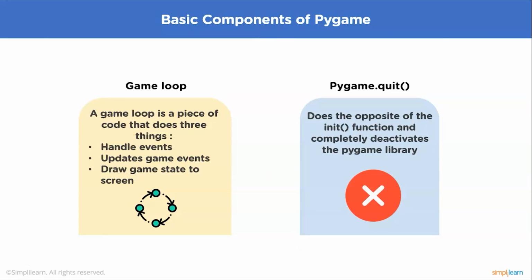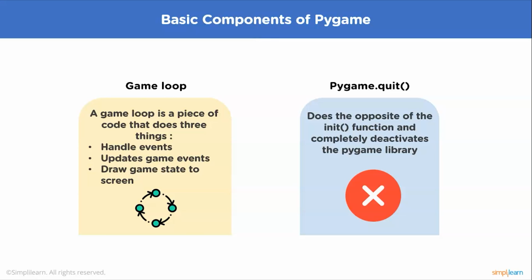The pygame.quit function does the opposite of the init function and completely deactivates the pygame library. It will automatically uninitialize all pygame modules that have previously been initialized. When the Python interpreter shuts down, this method is called regardless, so your program does not always need it, except when it wants to terminate its pygame resources and continue.